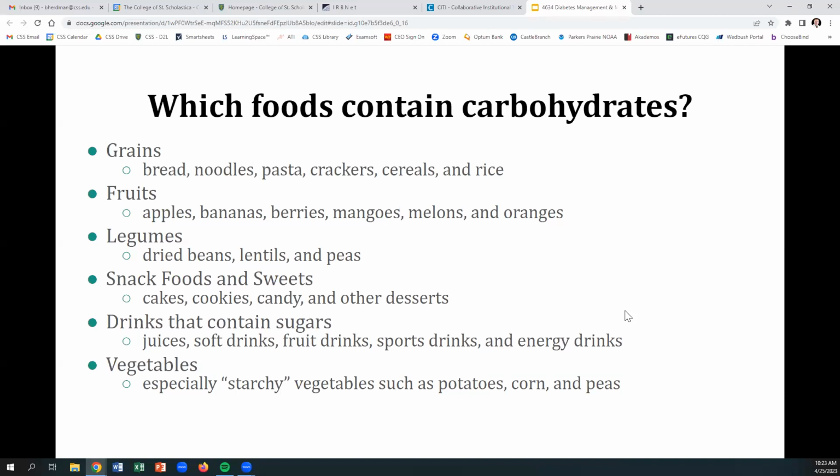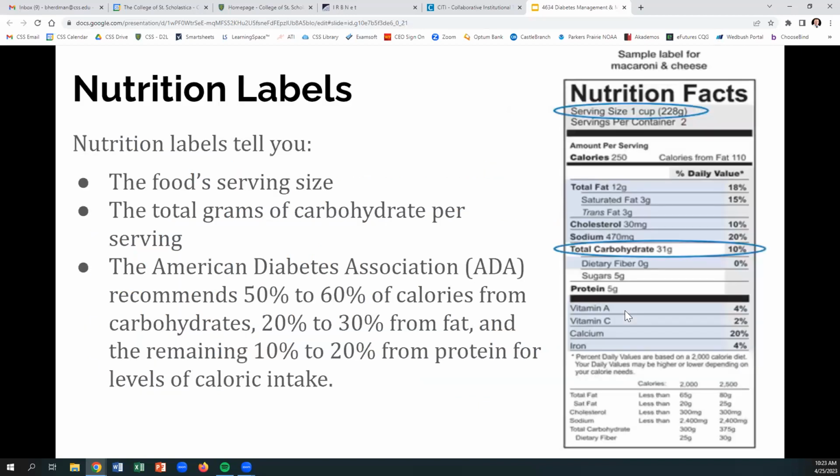Now we're not going to go into the detail of complex carbohydrate and simple carbs, because that really doesn't matter when it comes to overall carb coverage. The important thing is to know what foods are going to be high in carbs and to look out for. And so I'm going to show you a label here, and the nutrition label is going to give you some really valuable information.